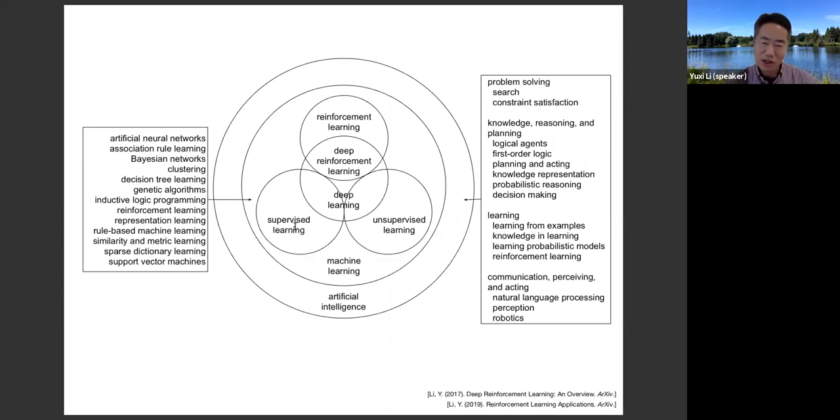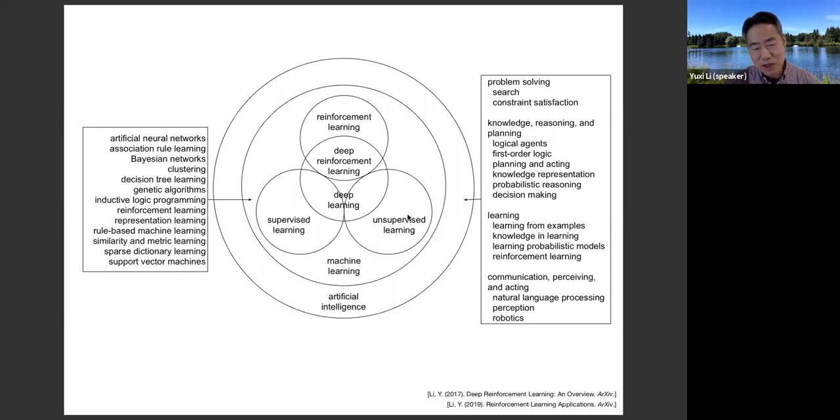For unsupervised learning, we don't have labels, so we try to learn some structure from the data. For reinforcement learning, just like we mentioned, we actually don't have labels, but we have something called evaluative feedback, the reward. And we can learn the optimal policy based on that reward. But the rewards are not labels.